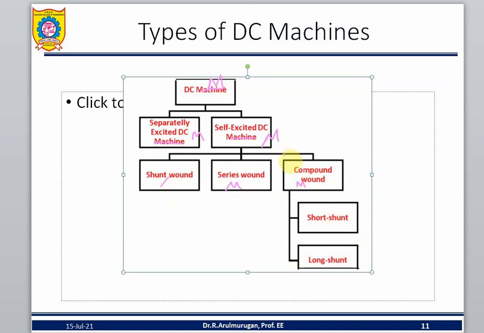If you want a generator, write generator: DC generator, separately excited DC generator, self-excited DC generator, shunt generator, series generator, compound generator. That is how a generator is classified.